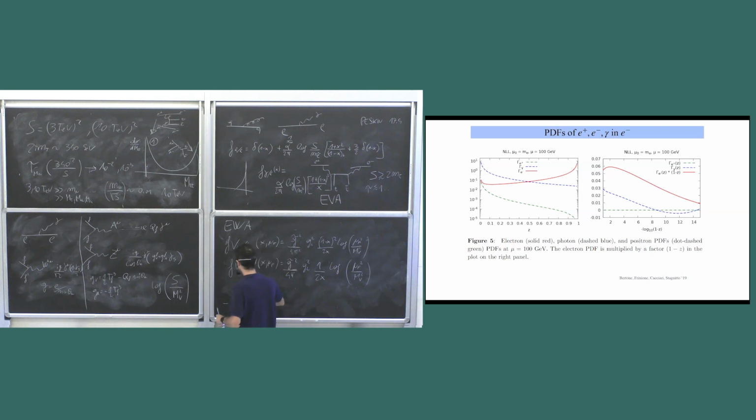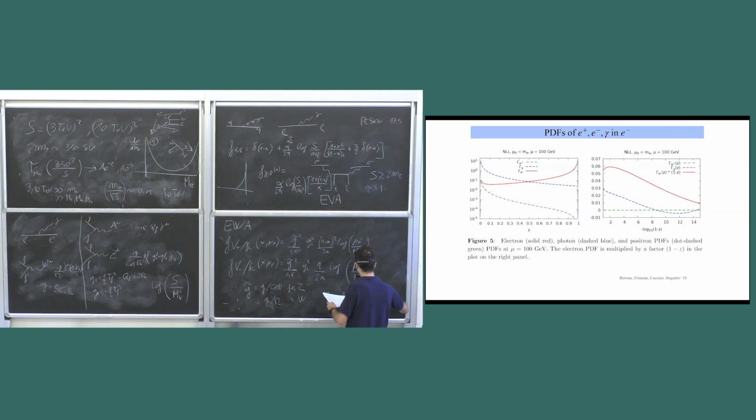So g tilde is equal to g over cos theta for the Z and g over square root of 2 for the W.